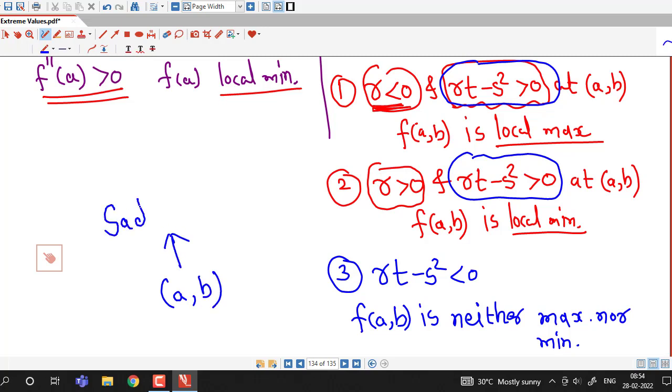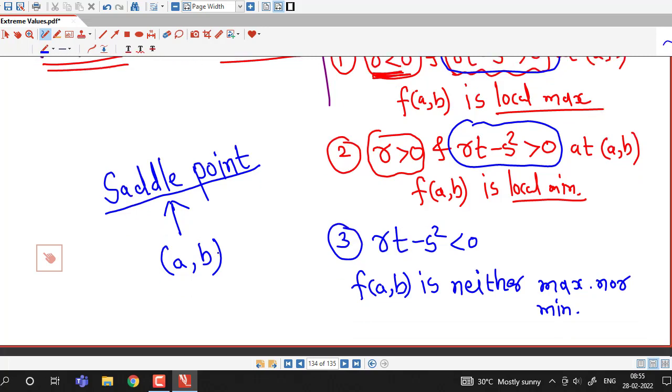It is known as saddle point of the function fxy. Saddle point means that point in the domain of given function at which function is neither having local maximum nor local minimum. And the last case is rt minus s square is 0.